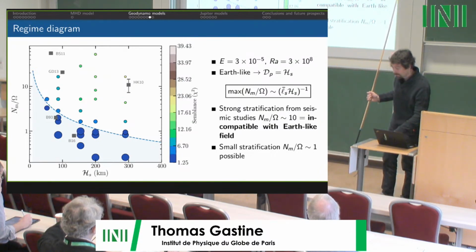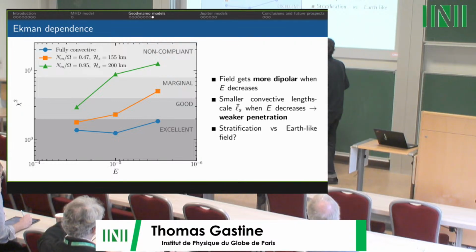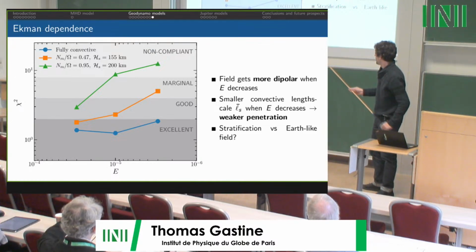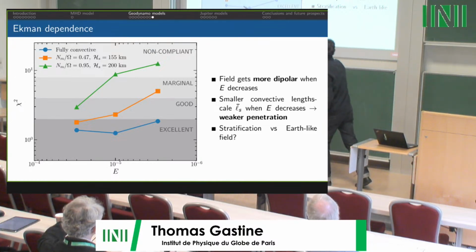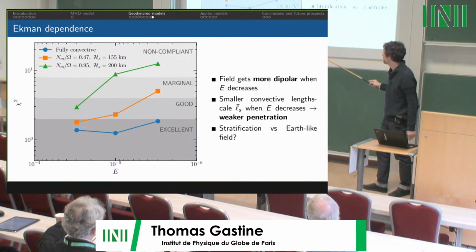And so that's what we've done. We just selected 3 setups, entirely convecting, and then 2 degrees of stratification, and then changed the Ekman number. And what we see is that the entirely convecting cases remain in the category of excellent agreement with the Earth's core.